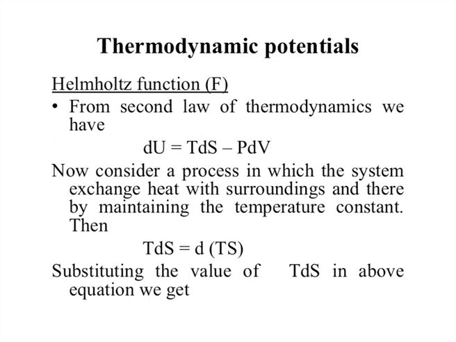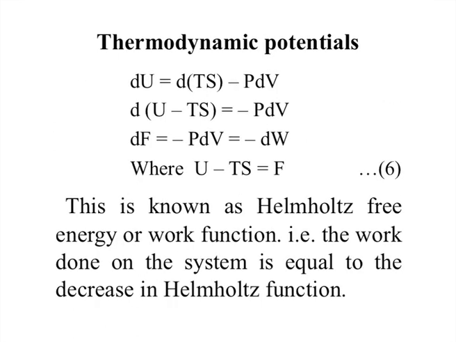Since T is constant, we can write TdS as d(TS). Substituting the value of TdS in the above equation, we get du = d(TS) - PdV.